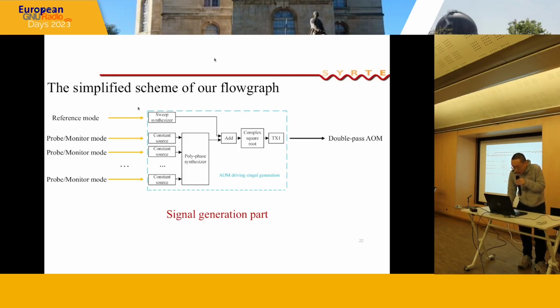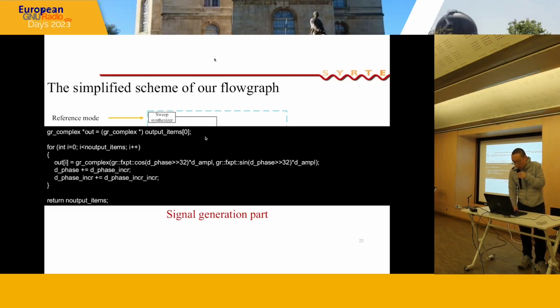The sweep synthesizer is our homemade block, which provides smooth frequency changing ability to generate the reference mode. As you can see, the source code is relatively simple. The output value and the phase keep increasing here.